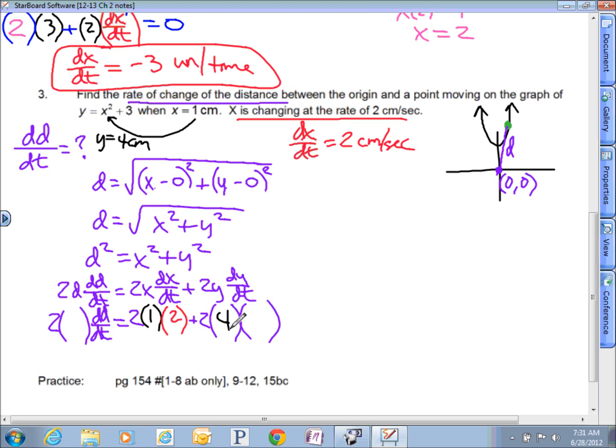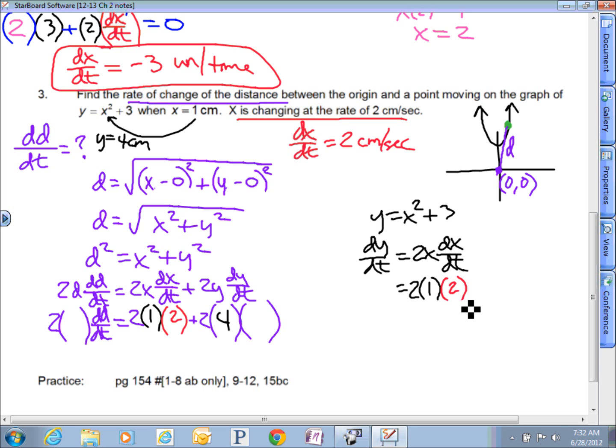If we know that y is equal to x squared plus 3, then dy dt should be the same as 2x dx dt by doing a little derivative. Well, now, under these conditions, if you know that x is 1 and dx dt was given to be 2, then the dy dt under these conditions would be 4, again, centimeters per second.